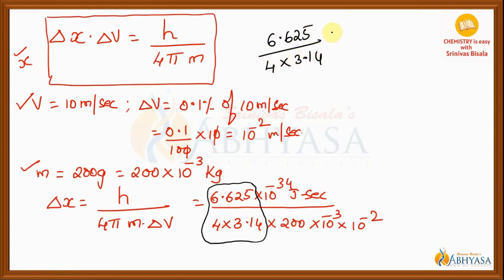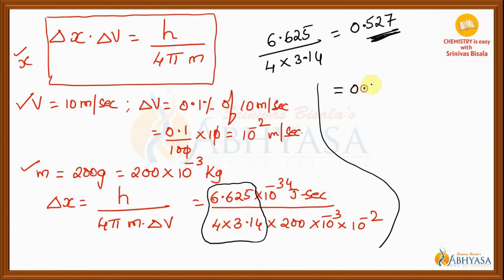When you solve this, you will get the value as 0.527. I suggest you learn this particular value by heart to save time. It will be easy for you to do the remaining part of the calculation. Instead of 6.625 divided by 4 pi, I will directly take it as 0.527.